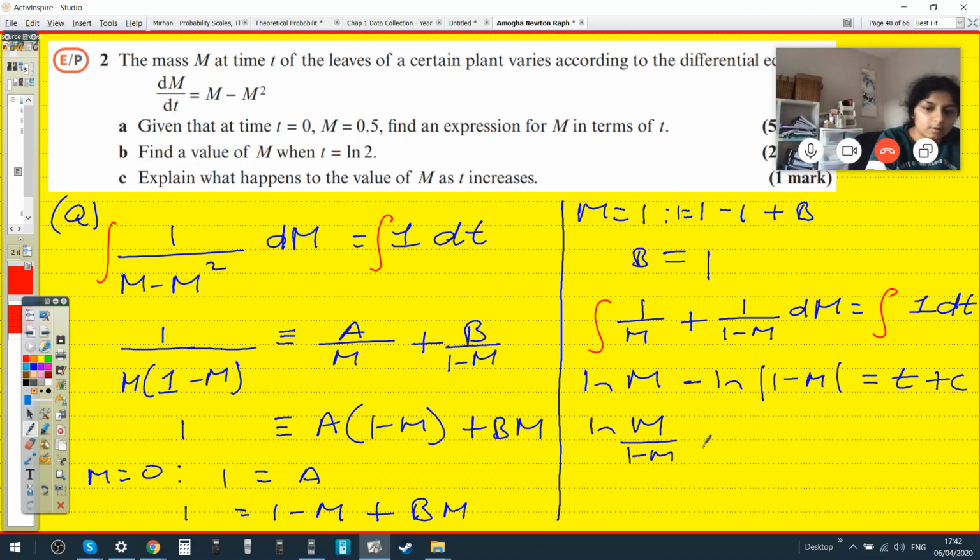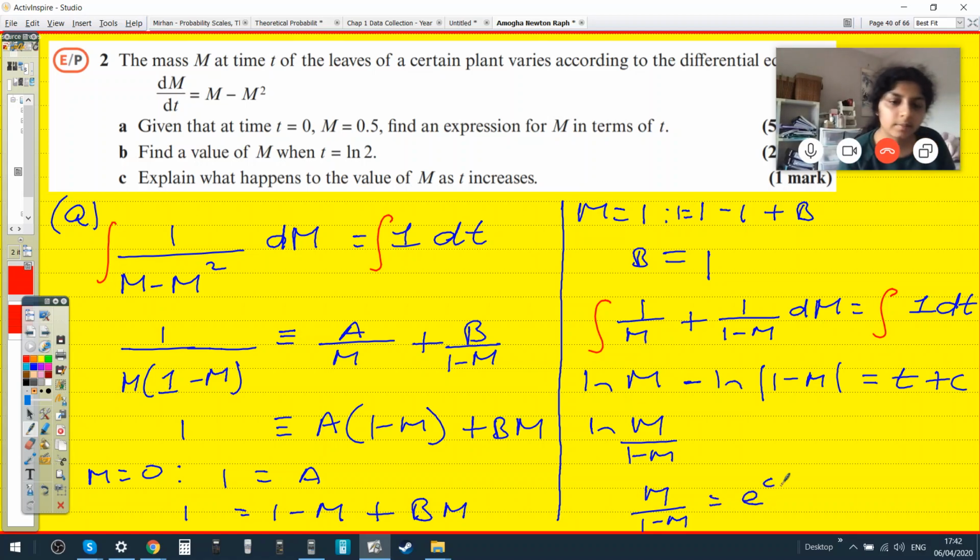Then do e to the power of that. Okay. So then you'd have m over 1 minus m is equal to e to the power of t multiplied by e to the power of c.